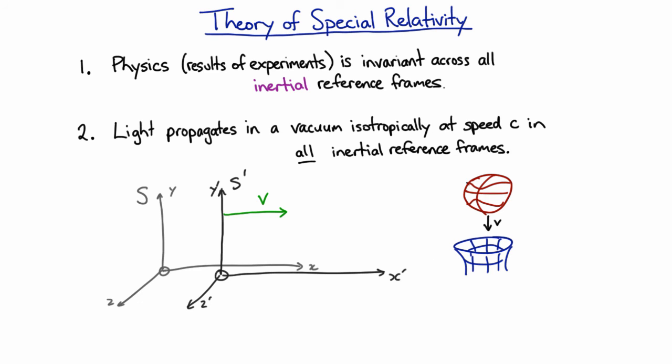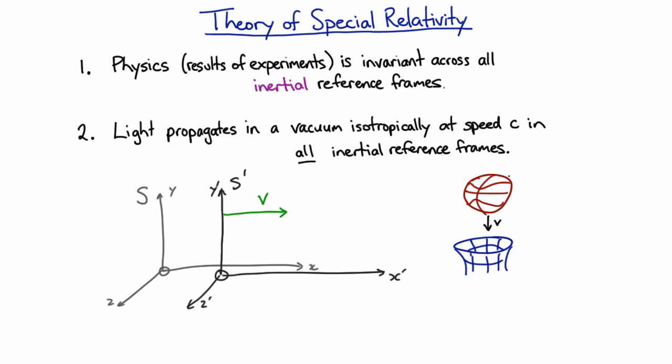And if the transverse dimensions, the y dash and the z dash, were to change, then we might have something strange happening with the ball passing through the hoop or not. So if the basketball were to get larger, if the transverse dimensions were to get larger as velocity became non-zero, then the ball would stop fitting through the hoop. So we know they can't get larger, they can only get smaller.